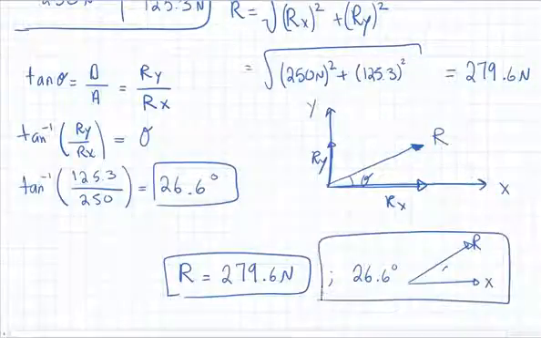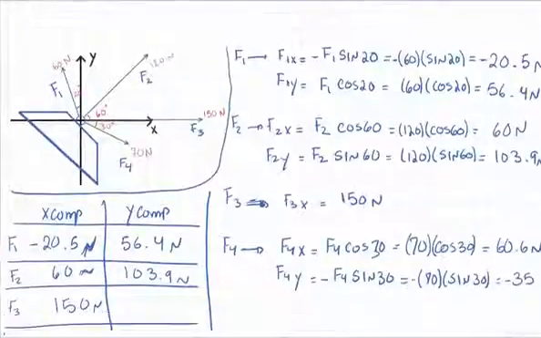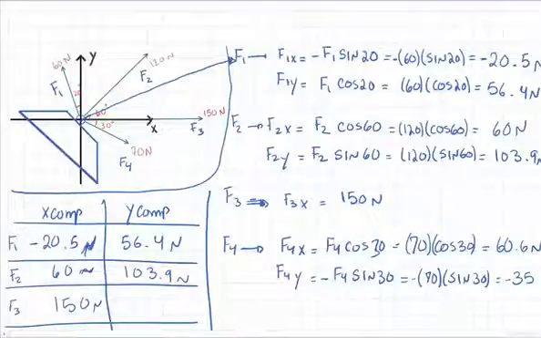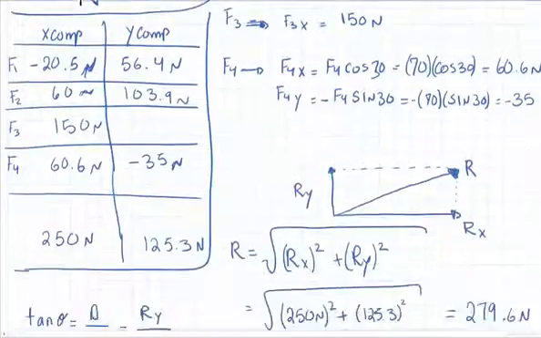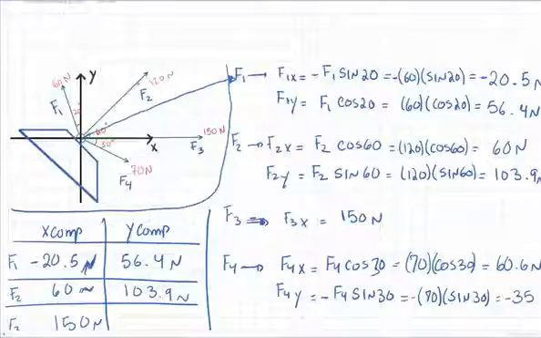Now, to make sure that my answer looks right, I go back to my original diagram and I look. My resultant force is much bigger than these. It is almost 279. So does that make sense? It does, because I have a big 120 force over here, and a 150 force over here that are both in the same direction. So my x force should be big.